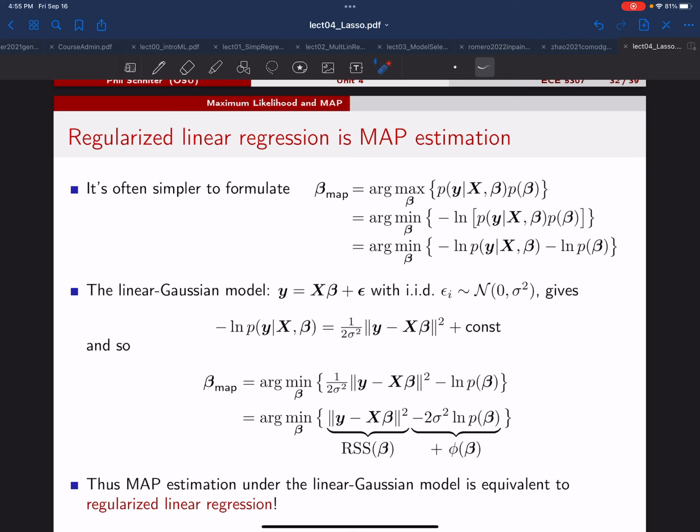And now let's take our linear Gaussian model as a way of relating fixed beta to y. Let's explain that by, well, it multiplies the features and then we have independent Gaussian noise added. So when this happens, we know that the negative log likelihood is this quadratic plus a constant.